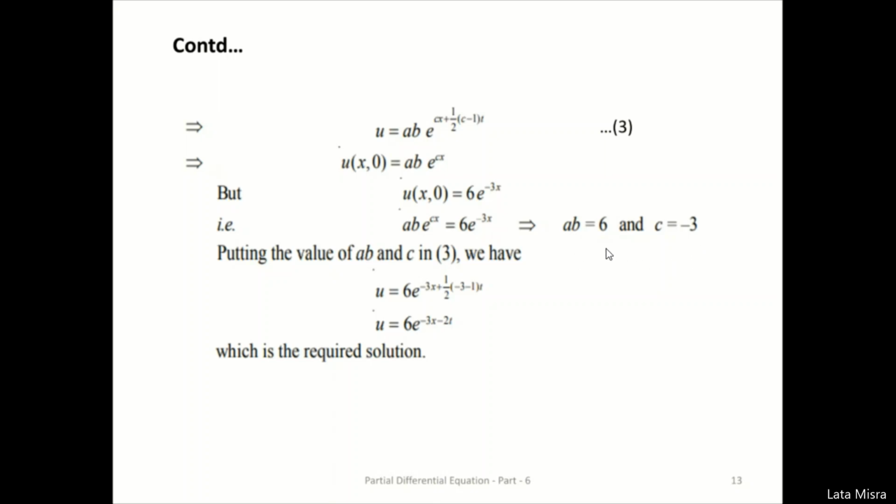Now use ab equals 6 and c equals minus 3 in equation number 3. We get our required solution, and that is u equals 6 e raised to minus 3x minus 2t. So this is the method of separation of variables. That's all.